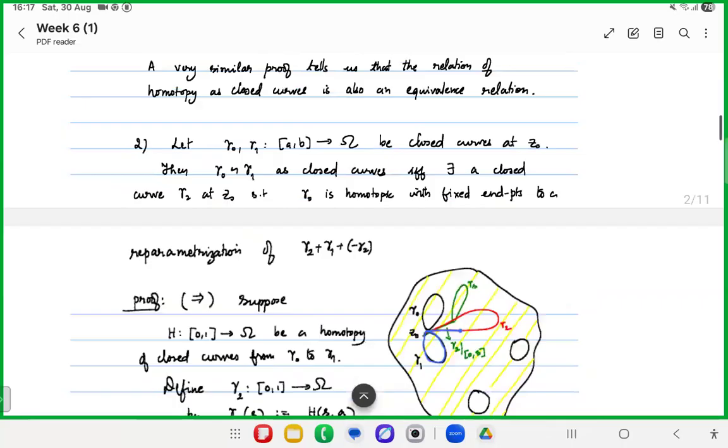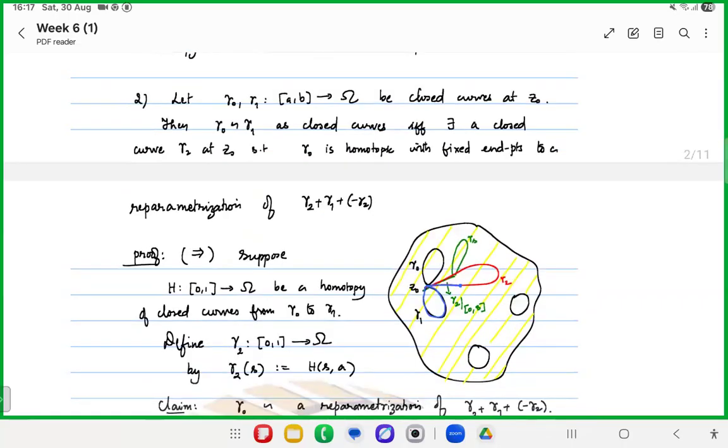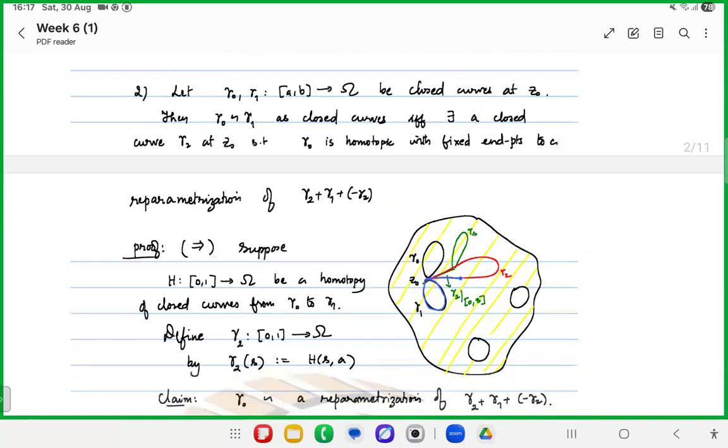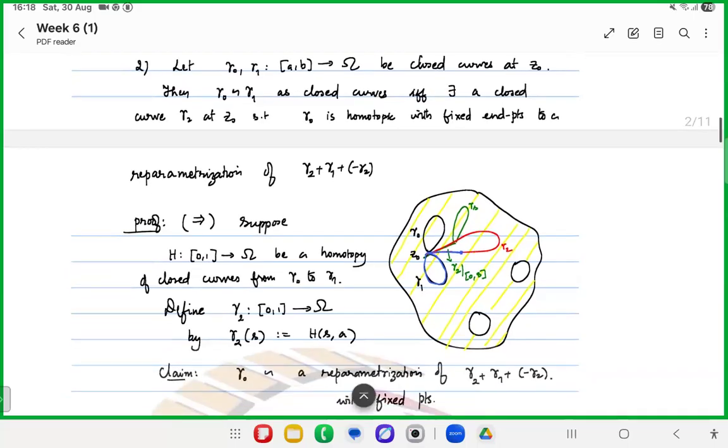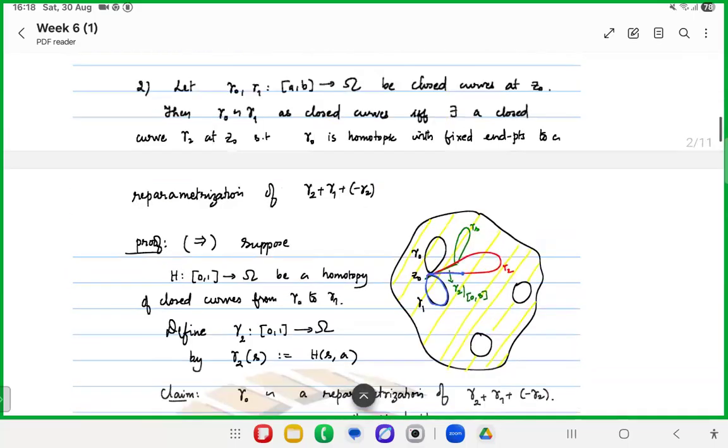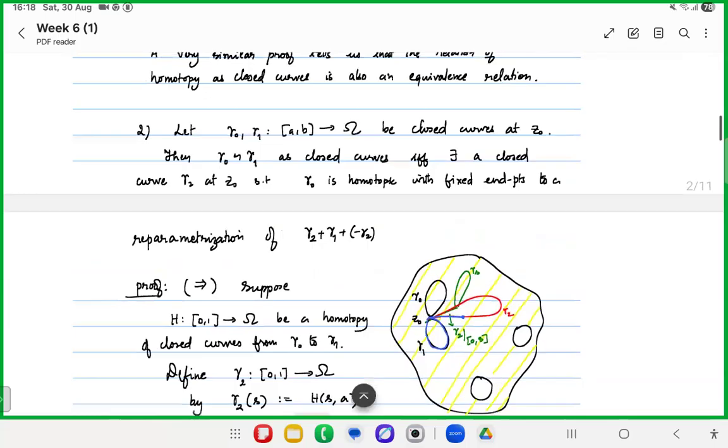If we have a gamma naught curve, and there exists gamma 2 which is a reparametrization, then gamma naught is homotopic to gamma 2. So if gamma 1 and gamma 2 are two curves such that gamma 2 is a reparameterization of the first curve, they are also homotopic, right?